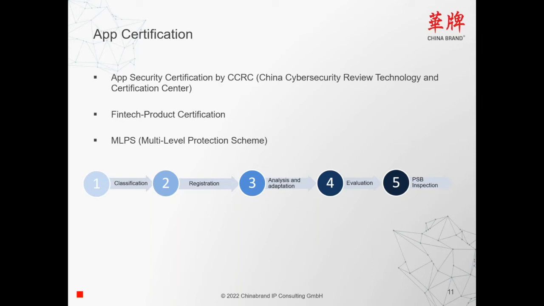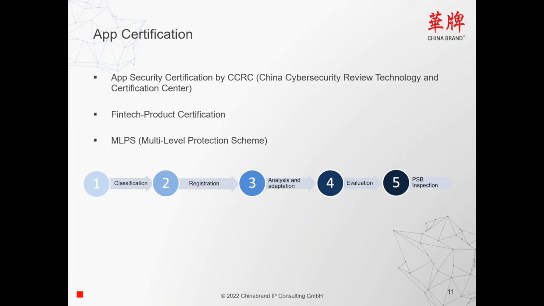There is a big difference between these three certifications. The App Security Certification by CCRC is a voluntary app certification, and the Fintech Product Certification is semi-mandatory, and MLPS is mandatory. MLPS is actually not a certification, but a concrete obligation of the cybersecurity law in China.